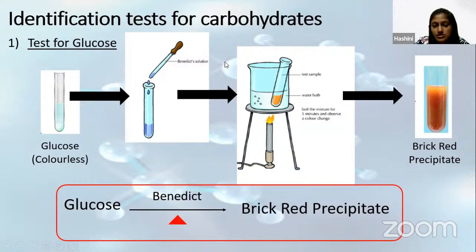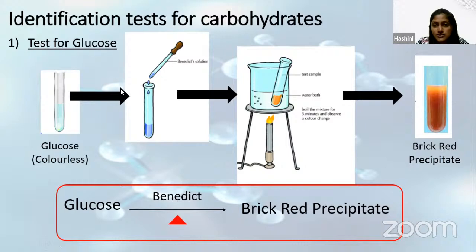Other than Benedict solution, we can also use a reagent called Fehling solution. Both contain the same chemical, copper sulfate, so we can add either Benedict or Fehling solution into the test tube. We can add 2 drops of Benedict reagent.